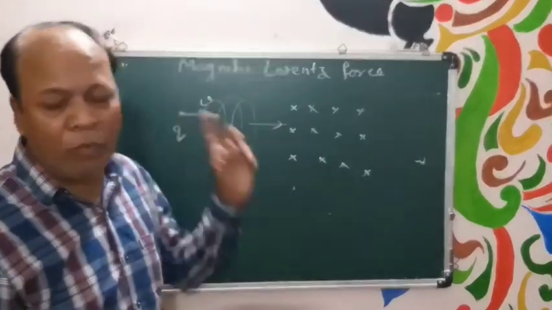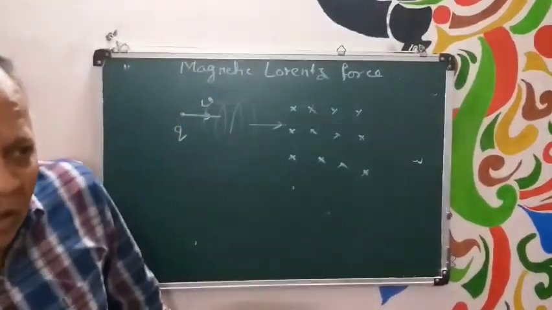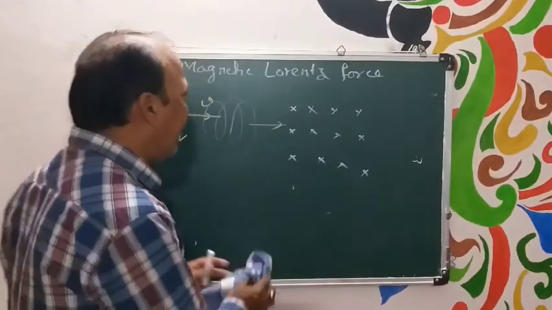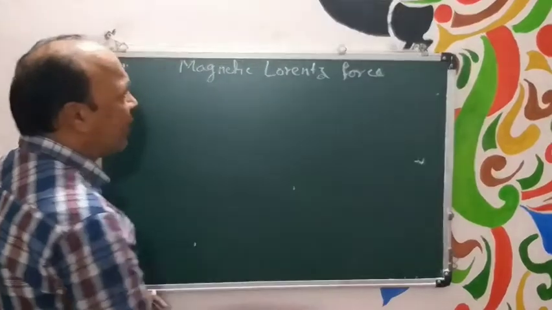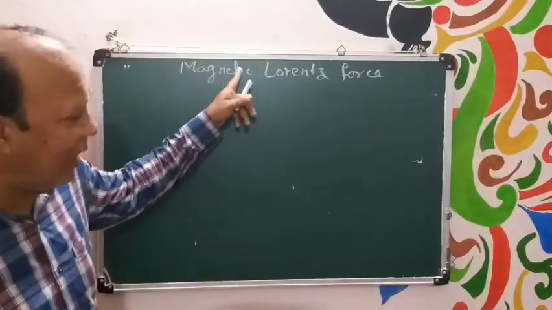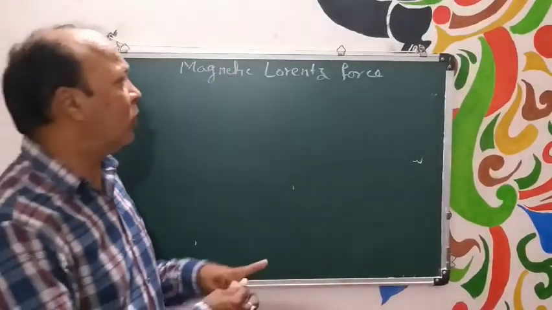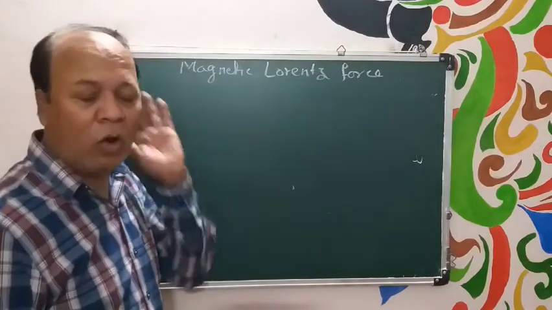So whenever a movable charge enters any external magnetic field, there is some force, and this force is known as the magnetic Lorentz force.